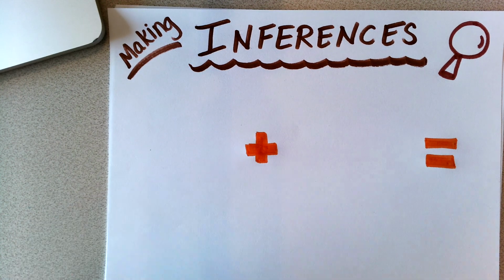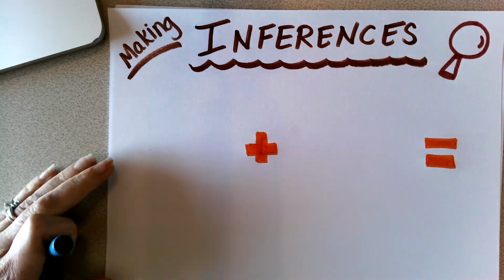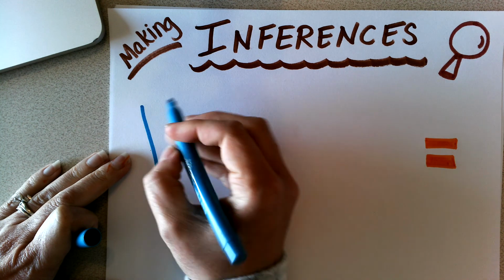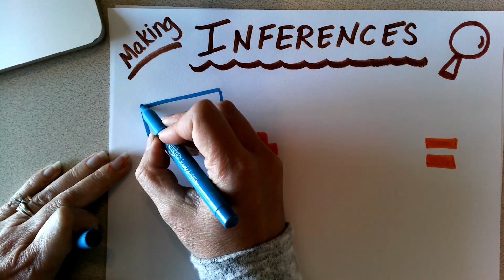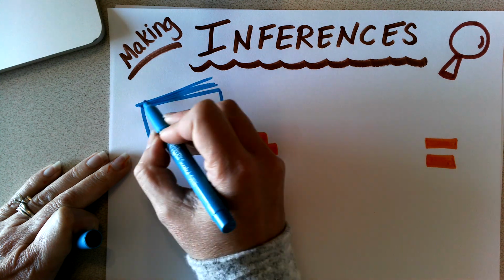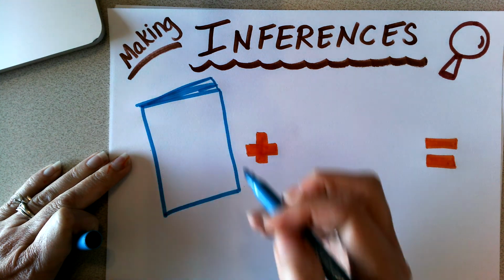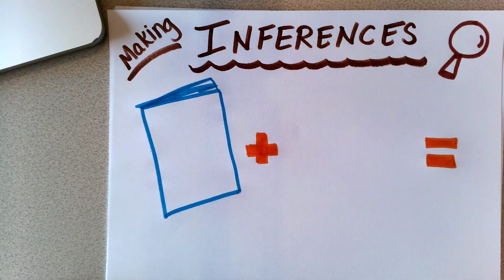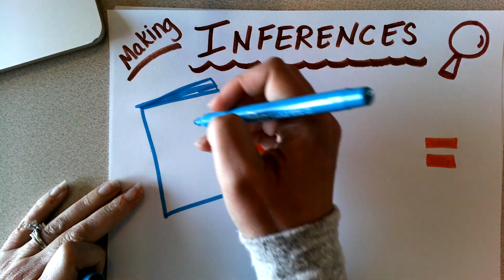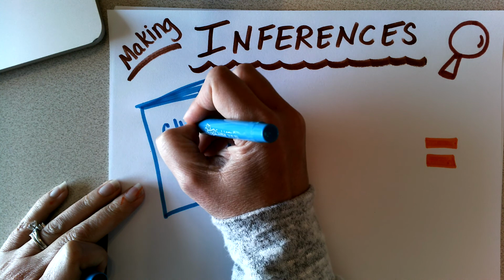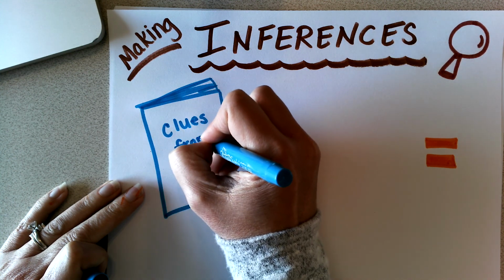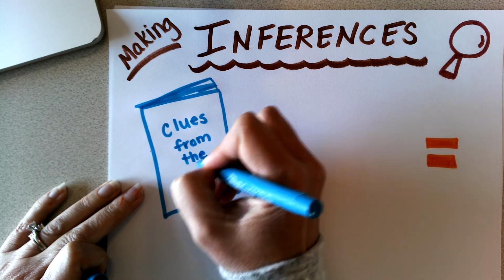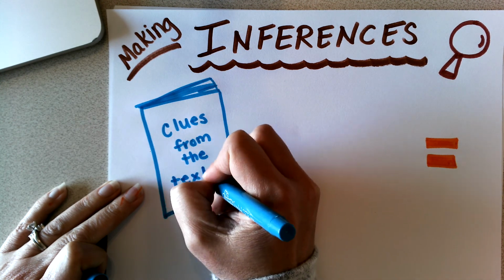The very first thing is we have some sort of reading or text to think about, or we've read through it. I'm going to just do a book here. When you're reading, or even looking at a picture or listening to other people talk, you're going to take clues from the text, or whatever you're looking at or listening to.